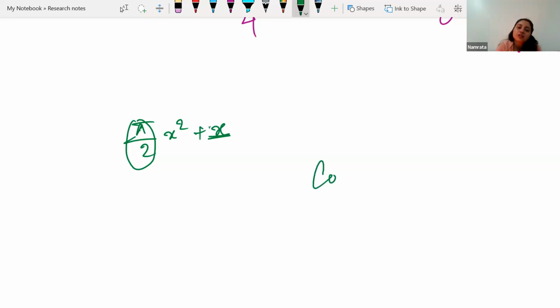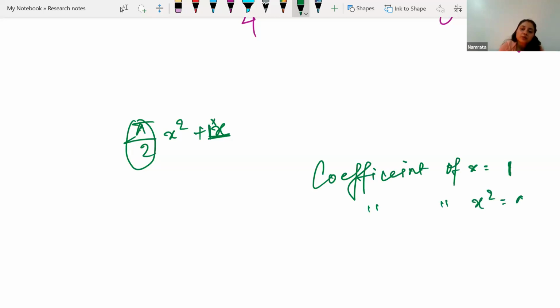If the question is what is the coefficient of x, that will be 1, because in front of x nothing is there, so 1 is multiplied with x. Coefficient of x square is pi by 2.